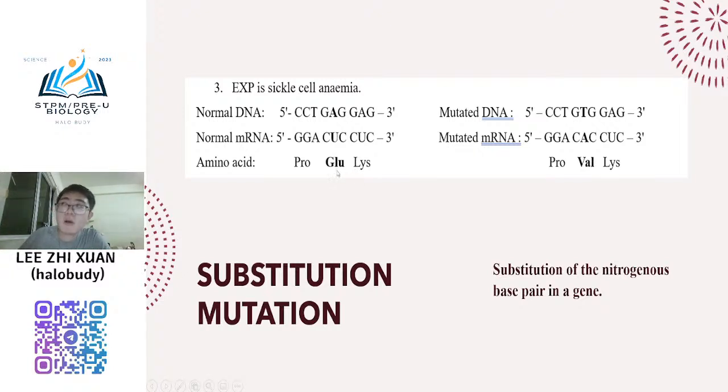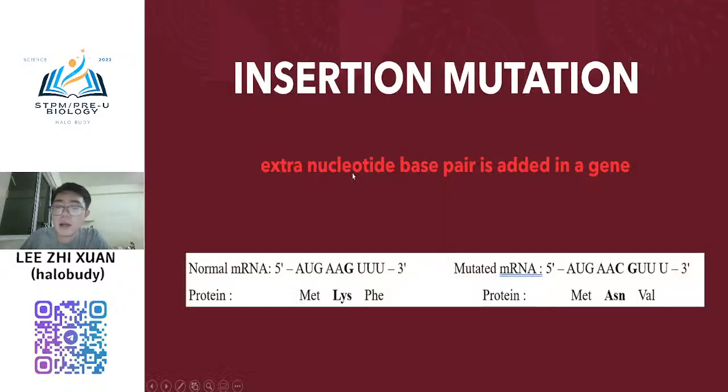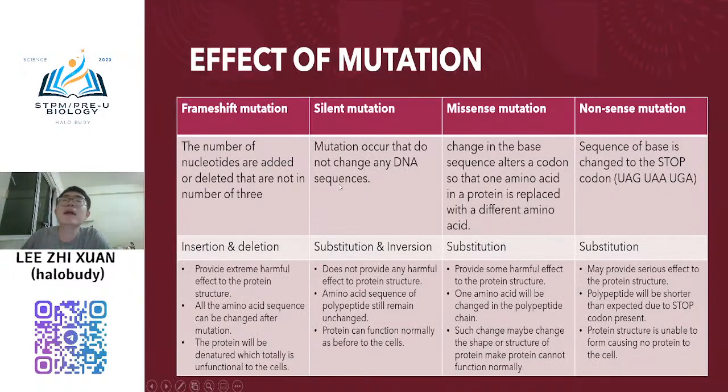You know that one amino acid can be coded by different types of genetic code, right? So if the mutation occurs and the final amino acid expressed is the same as the normal one, this is what we call silent mutation. Nothing else.